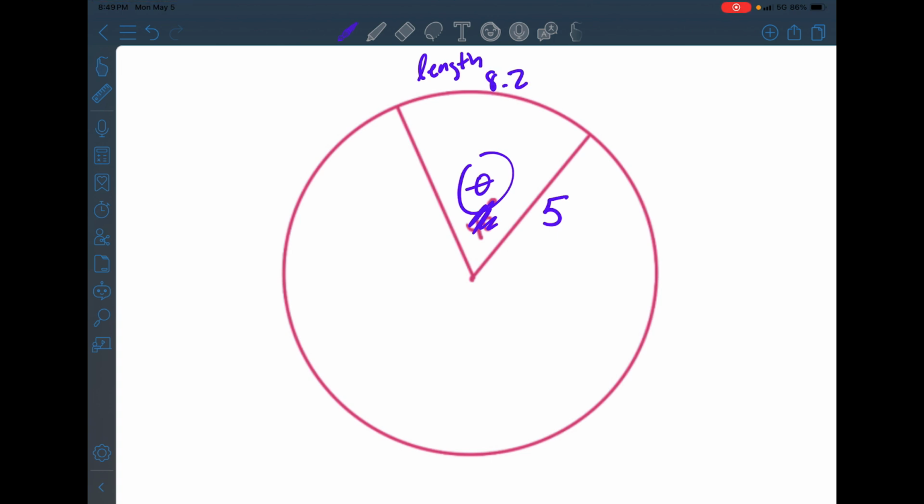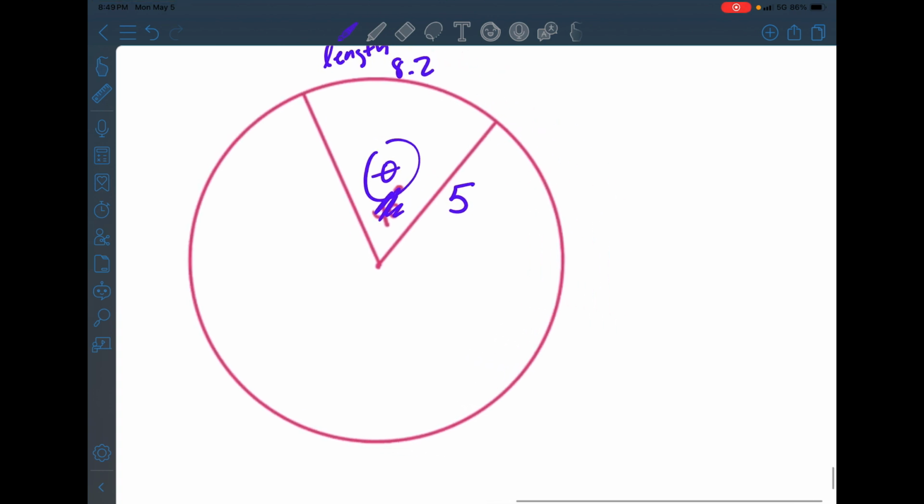So here's how you are going to write this. Write this down exactly. We want to find it in radians. So we're going to say radians over 2 pi. Instead of 360 all the way around the circle, in radians it is 2 pi. It's something we did in Unit 7.